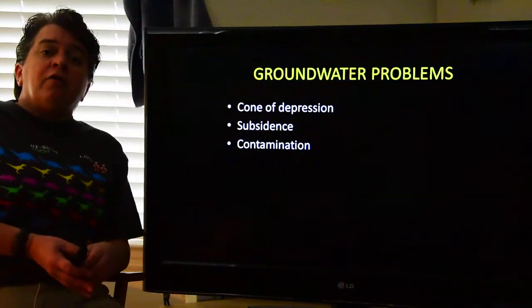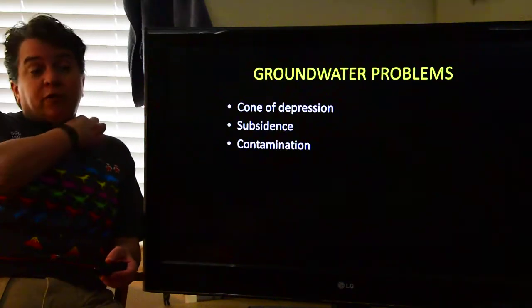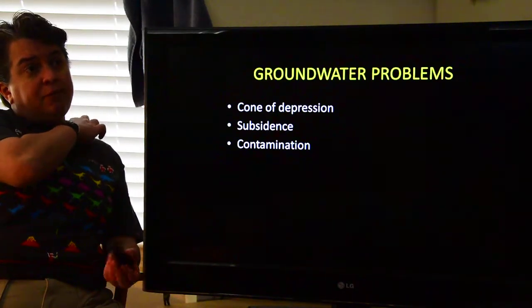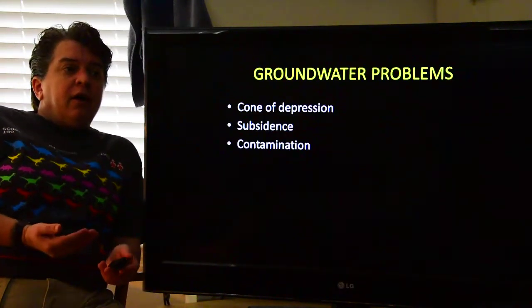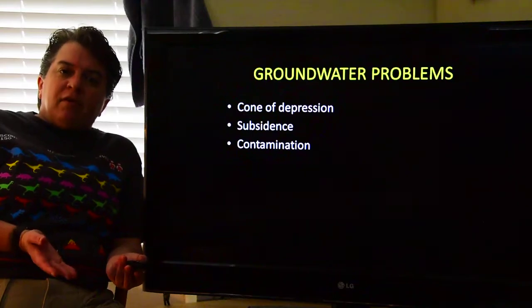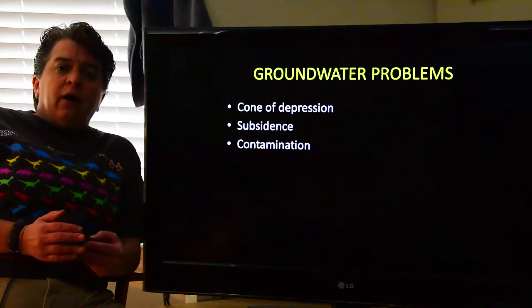Now, there are other problems with groundwater, and another is contamination. You can get chemicals or substances in the groundwater that you just don't want there.